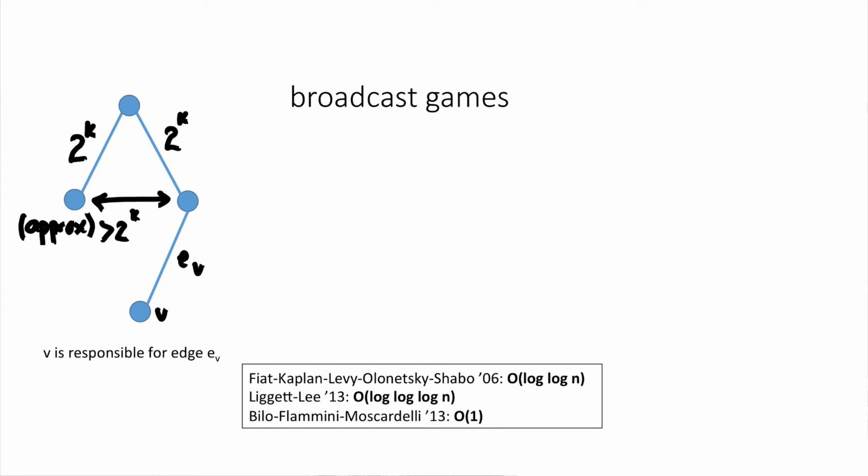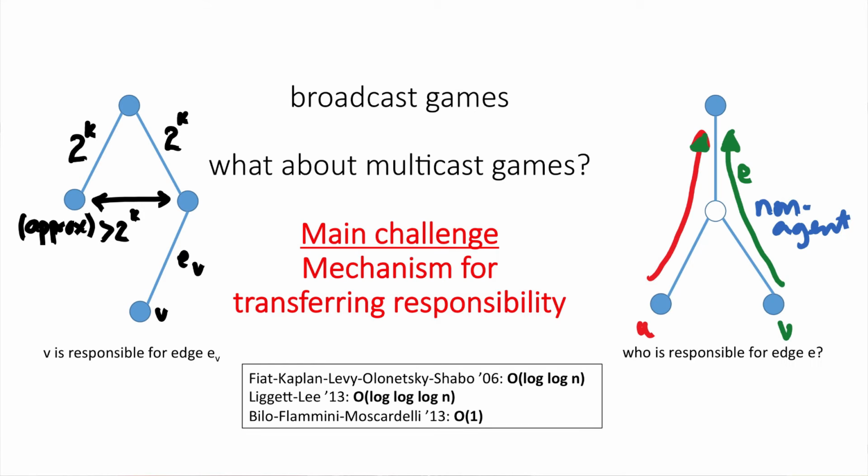Now, what happens in multicast? If I do not have this property that every vertex has an agent residing at it. The problem is that suppose I have a routing structure where these two vertices u and v are both using edge E, but the vertex in the middle, the vertex where these two paths join, does not have an agent there.